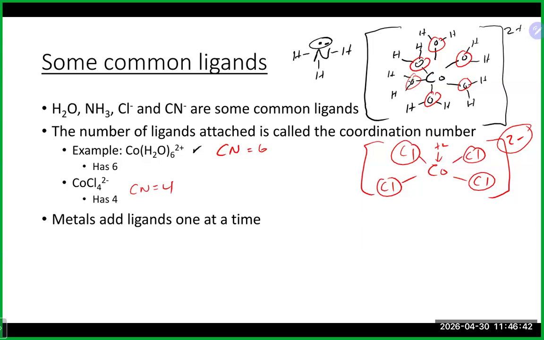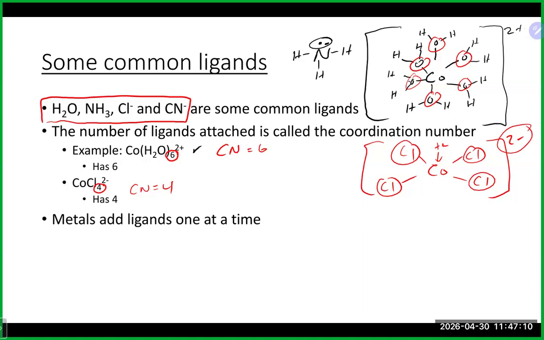Now, what people sometimes think at this point is, isn't the coordination number just this little number here on the bottom that tells you how many of those ligands are attached? And the answer is not always. All these ligands displayed right here, and we'll talk more about it in a later chapter, are what are referred to as monodentate.